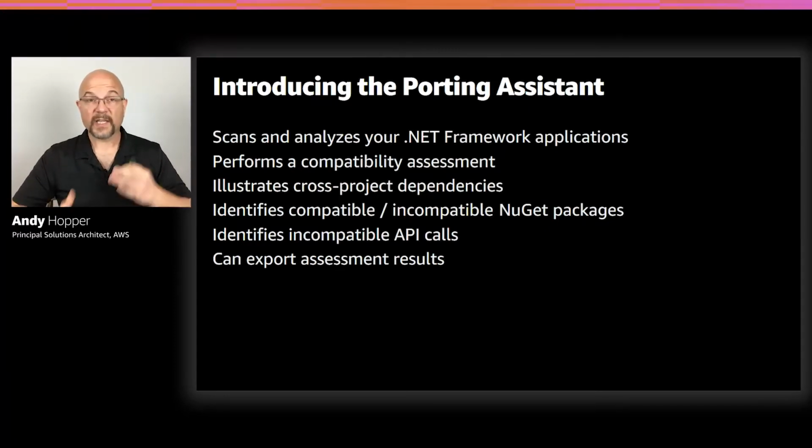And lastly, it'll tell you whether or not you're leveraging any API calls in the .NET Framework runtime that don't exist in .NET Core. Once it's all done, you can export the results of the assessment, just in case you want to take a snapshot of your progress or you want to build tools that automate based on that information.